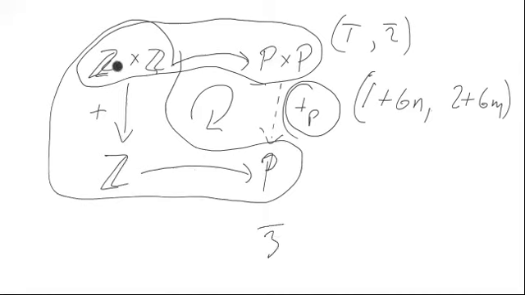Now, as we go to 3 bar, what's the full preimage of 3 bar as we go up here? 3 bar, as we go back here, would be the set of all 3 plus multiples of 6. And then through addition, what is that as we go back here?